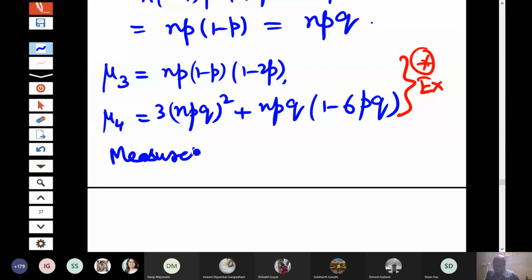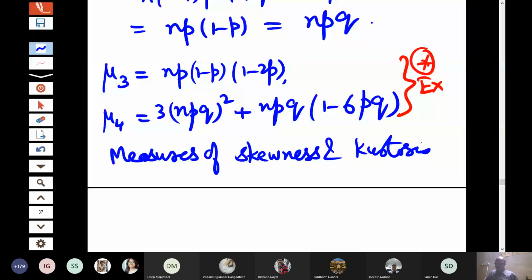What is the interpretation? So the measure of skewness is mu3 divided by sigma cubed, okay? Since npq is sigma squared, it becomes mu3 by (npq) to the power 3 by 2.